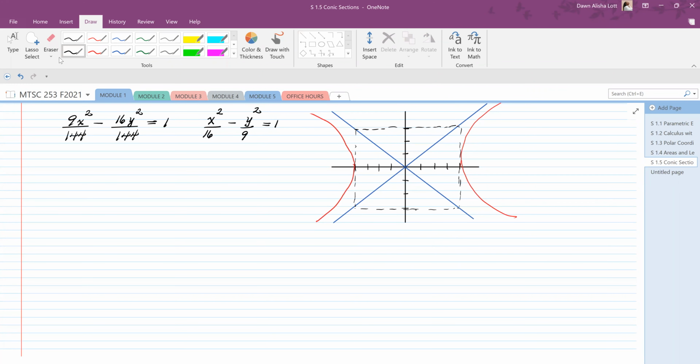Okay, we have 2 minutes. So a squared is 16. That's this value right here. And then we know that b squared is 9. All right, so how do you find c for the hyperbola? For the hyperbola, c squared is equal to a squared plus b squared.